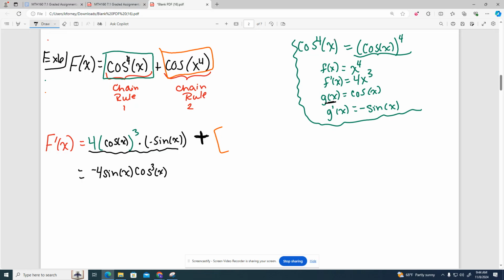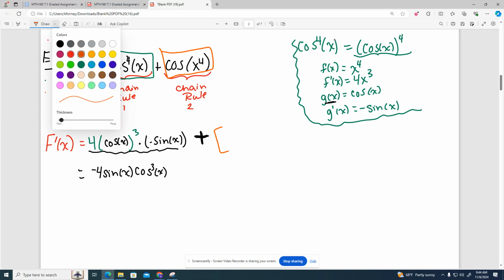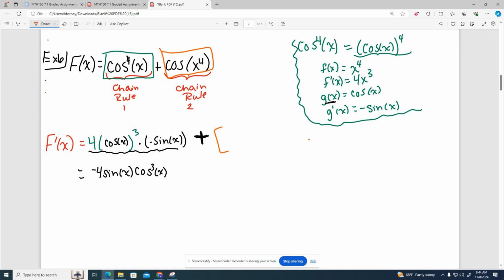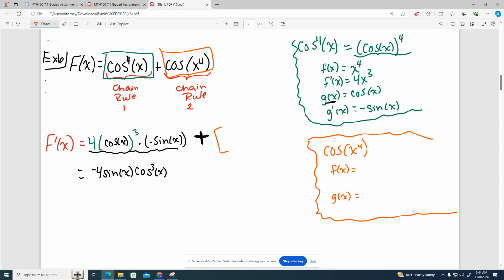So now I want to do the chain rule for cosine x to the 4th. So looking at that, we want to identify the inside and the outside function. So your inside in this one is x to the 4th, and your outside, so this is opposite of what we just did.